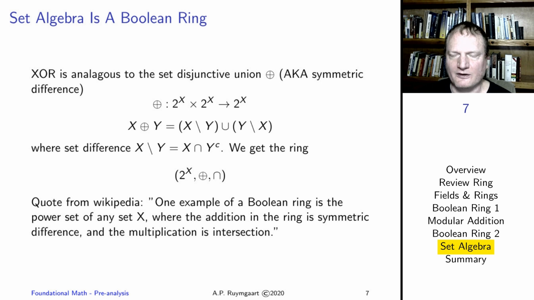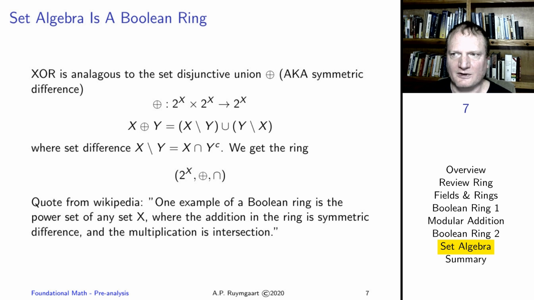If we define our operation O plus as the binary operation taking ordered pairs in the Cartesian product of the power set of X with itself, that maps back to single elements of the power set of set X, then we can define our Boolean ring as the power set of the set X along with the disjunctive union addition and set intersection multiplication.